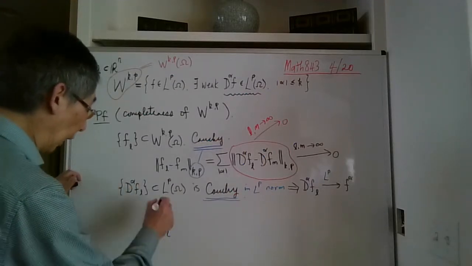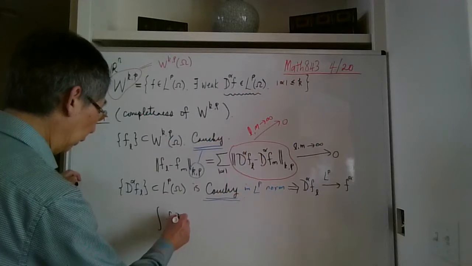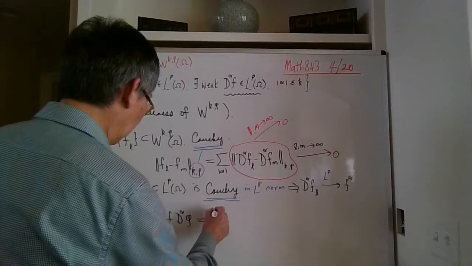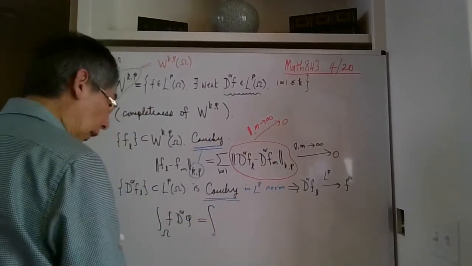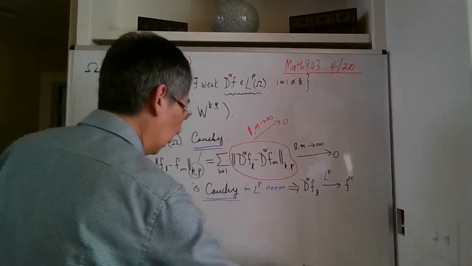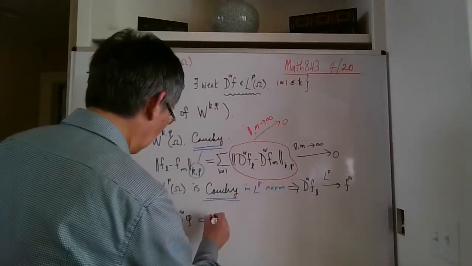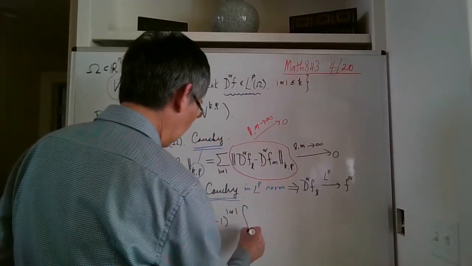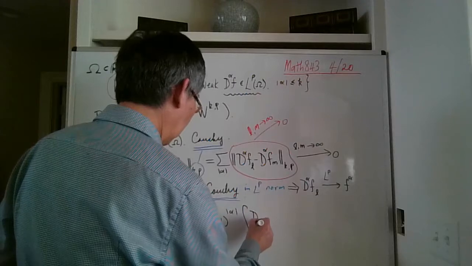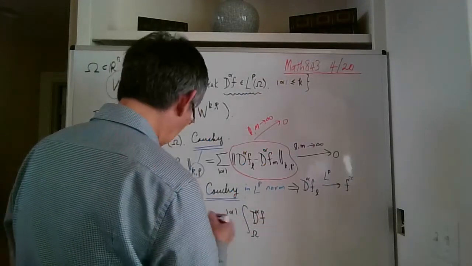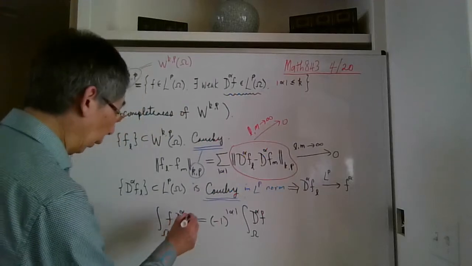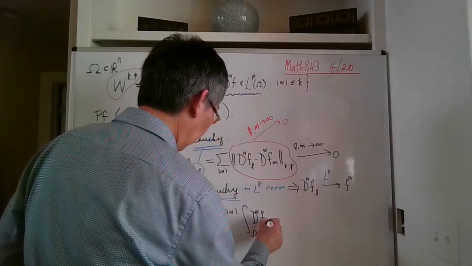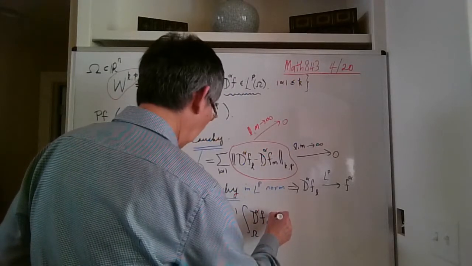If you integrate F times D alpha of the testing function, this equals, so there's a minus sign involved, minus 1 to the power alpha, the integration over omega of D alpha F times phi. Now we first apply this to the sequence, F_l and D alpha F_l, times phi.